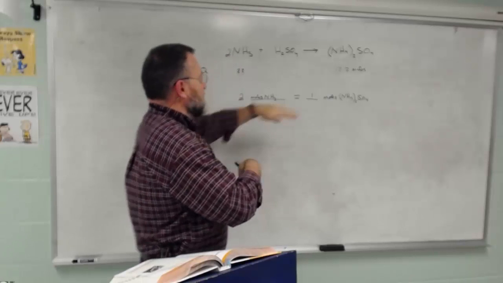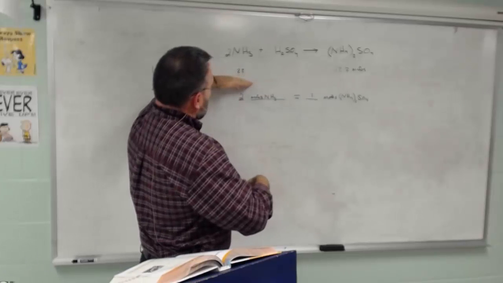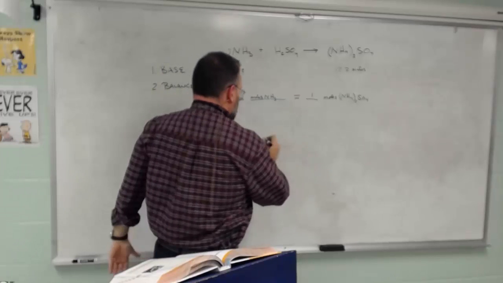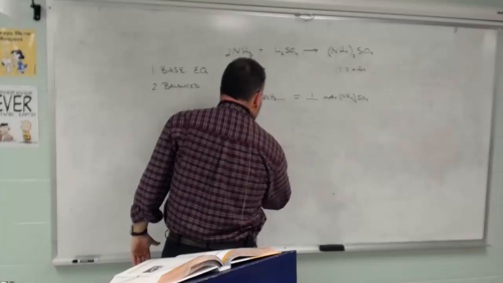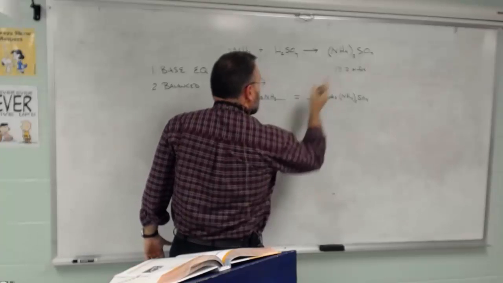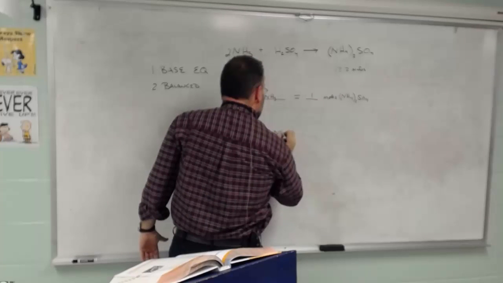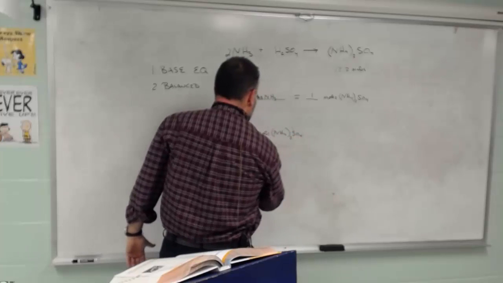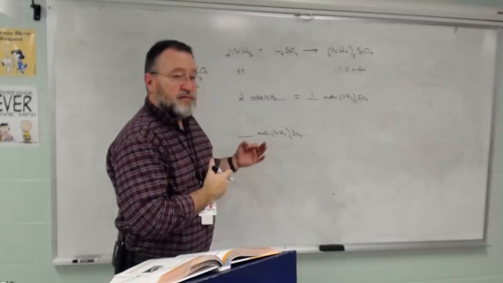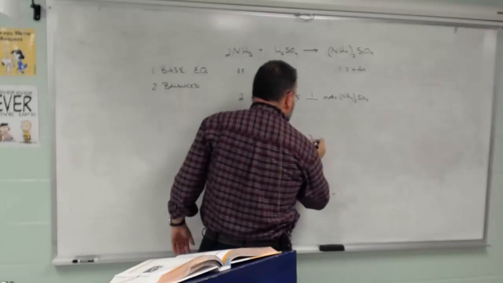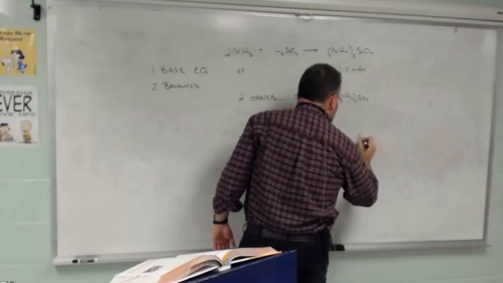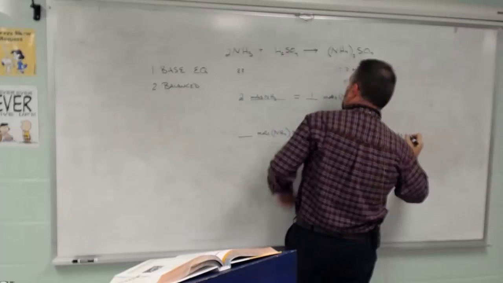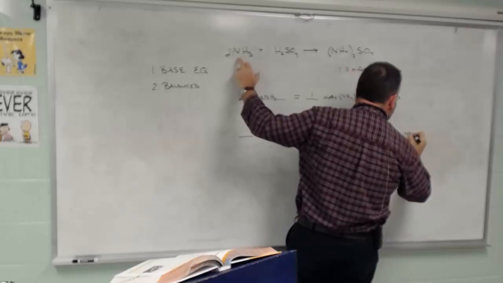If I know I'm looking for moles of ammonia, I'm given moles of ammonium sulfate, a certain number of moles, that's what I'm given, and I know I need to multiply it by something to get me to a number of moles of ammonia.